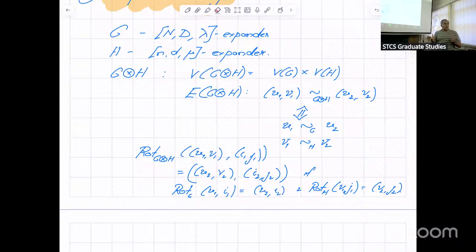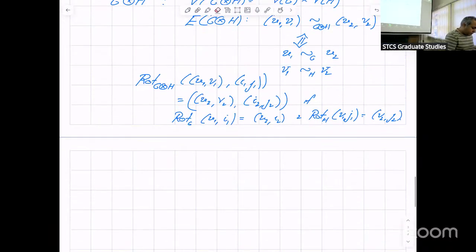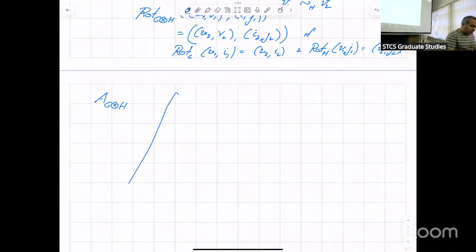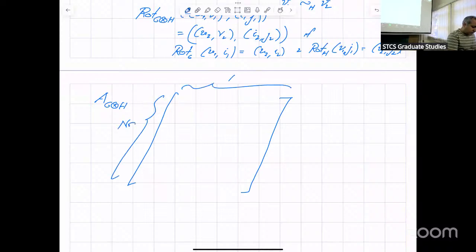Let's try to understand how the adjacency matrix looks, and then based on it, let's try to understand what the eigenvectors and eigenvalues of this graph are. So how will the adjacency matrix of G tensor H look? It's a tensor product, on N times n vertices.